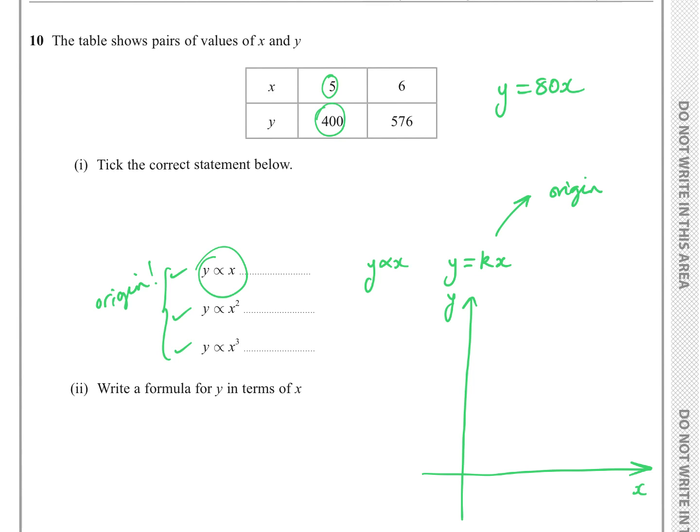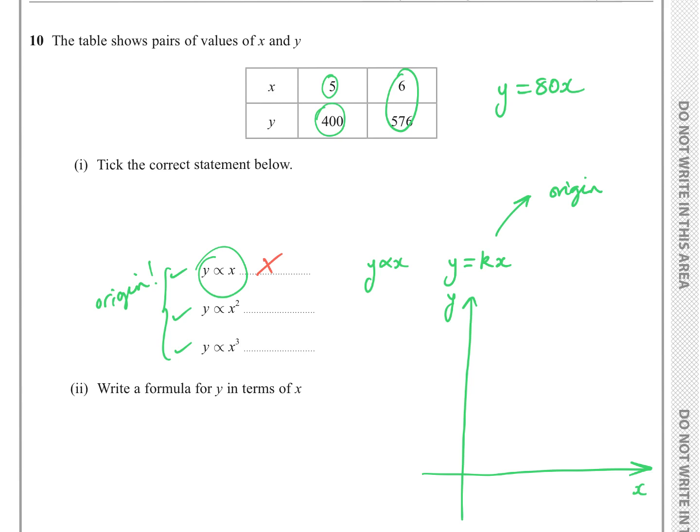And that would work, that would go through the origin. But what about this here? Is 6 times 80 576? Well, it isn't. So that would mean that there'll be a different constant, k, so it can't be relating to both coordinates. So it has to fit both of them, so I'm afraid this one is out.